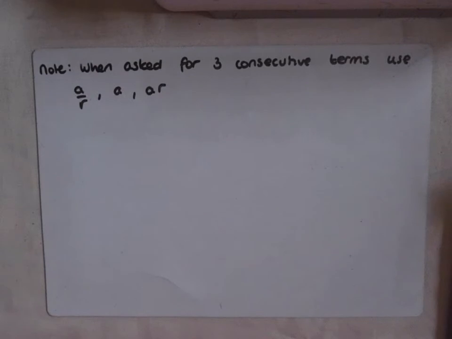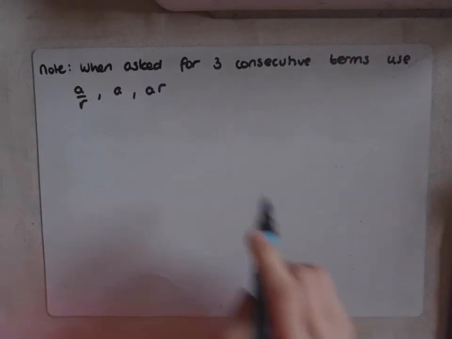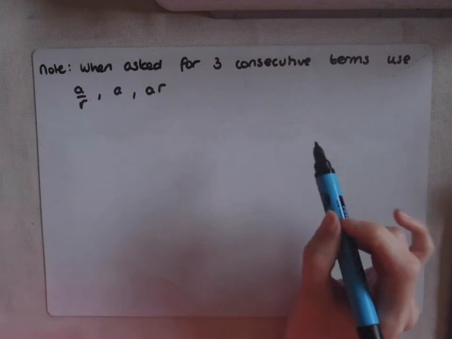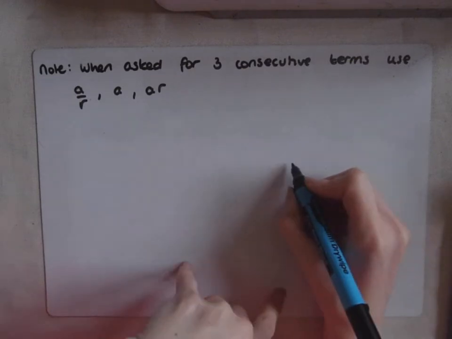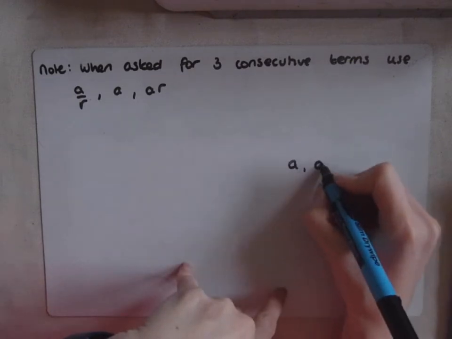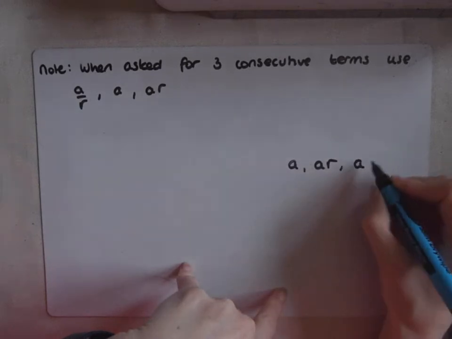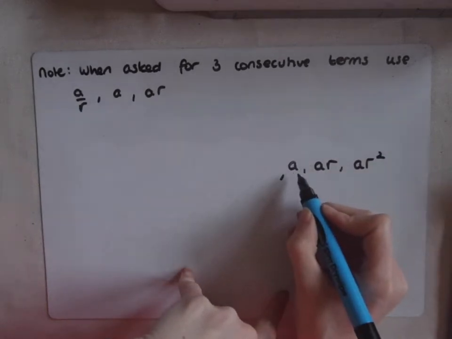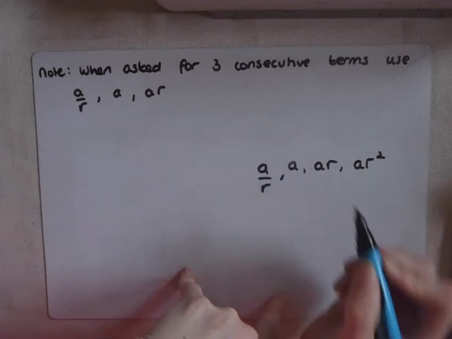Okay, now when asked for 3 consecutive terms, use A over r, A and A r. If we think about our geometric series, we start at A and then we multiply by r and then we multiply by r again. But if we were to go one before that, okay, I'd be dividing by r.